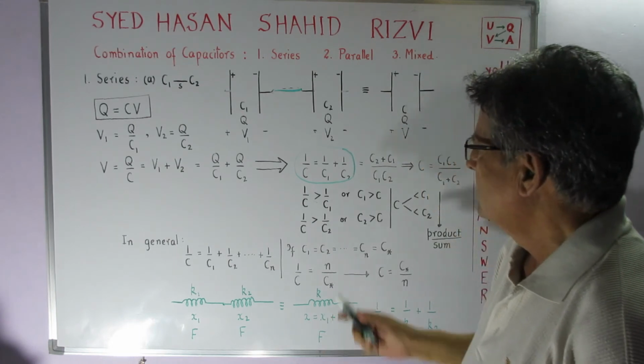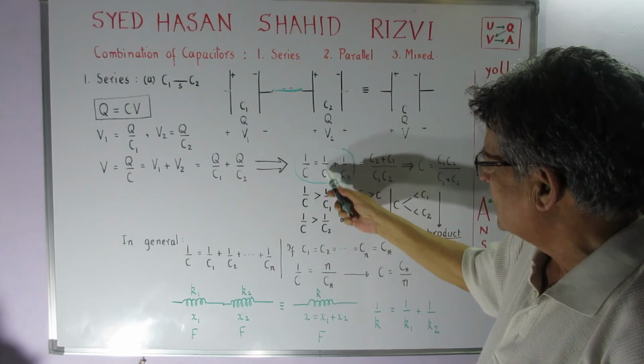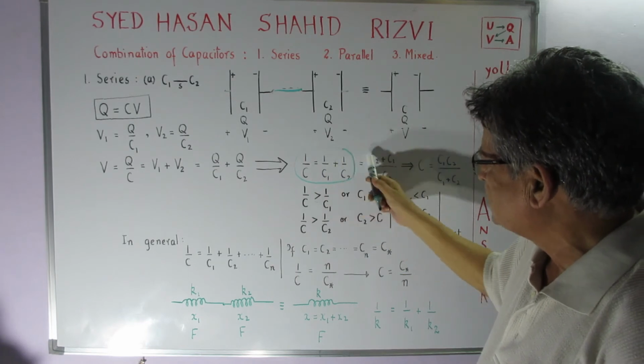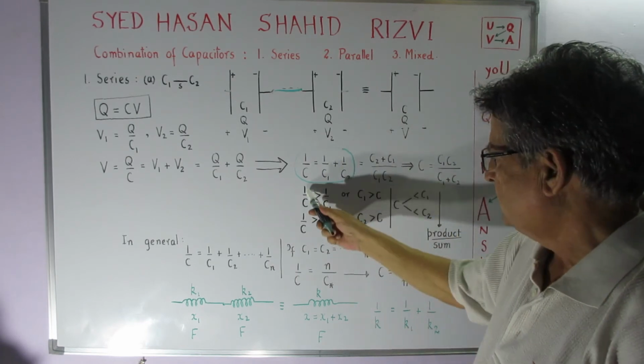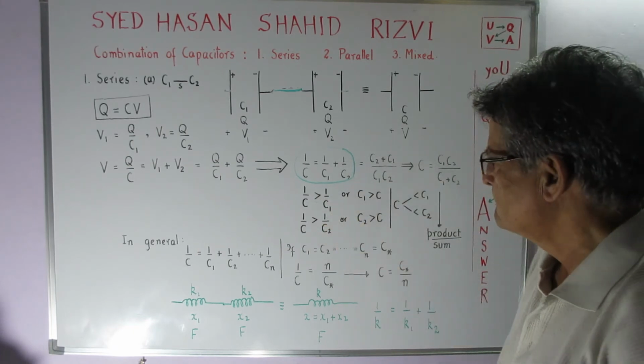Now look here, look at this equation. So 1 upon C is equal to 1 upon C1 plus something. So that means 1 upon C will be greater than 1 upon C1. Okay.